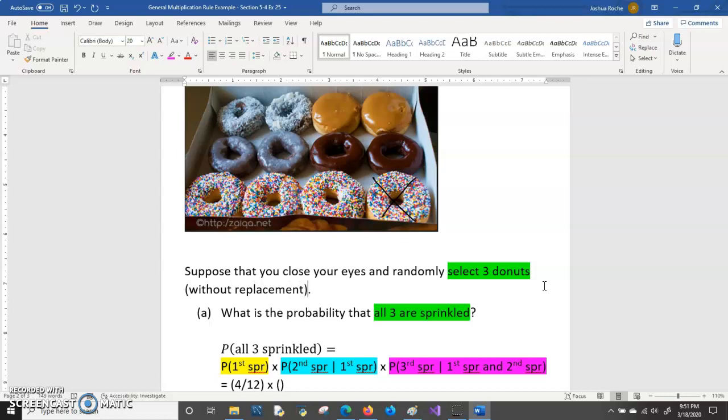So we're picking 3 donuts, we pick one, eat it and not put it back into the box. Now the chances of us picking another sprinkled are, there's only 3 sprinkled left, and only 11 donuts left altogether. So 3 out of 11.